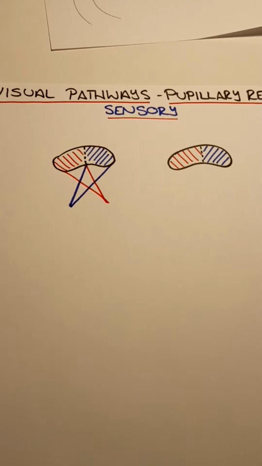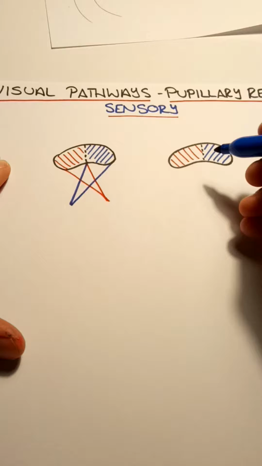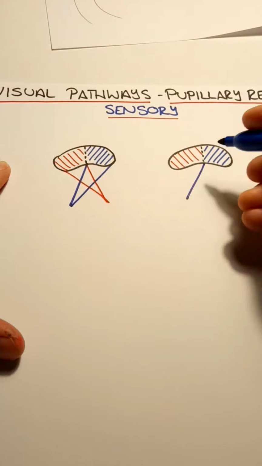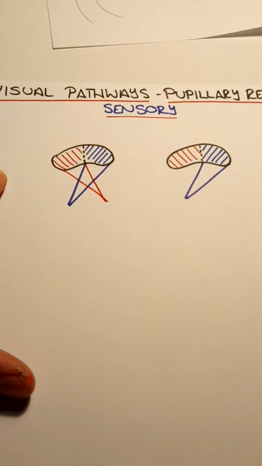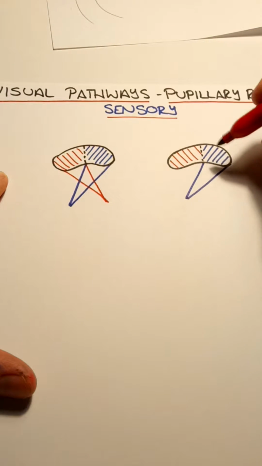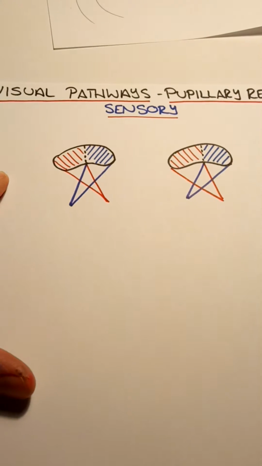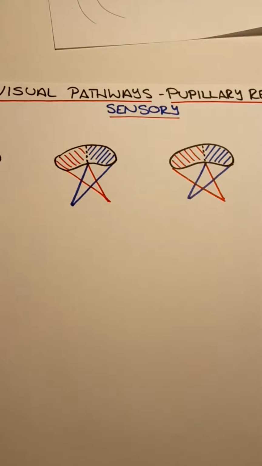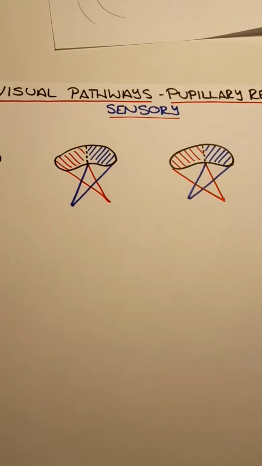Okay, and then we do that in the other eye. So there and there. One triangle. There and there. Okay. So looking at it, look, two of the same thing. Two of the same thing. Great.